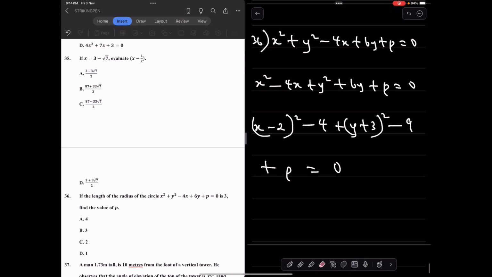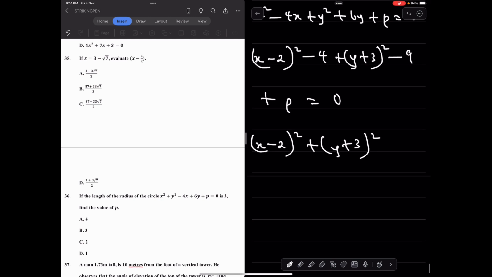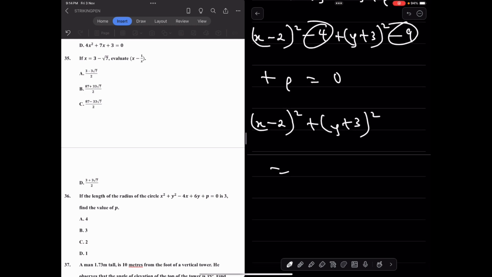So I'm going to have x minus 2 all squared plus y plus 3 all squared equals, now I'm moving, okay, minus 4 minus 9 is minus 13.